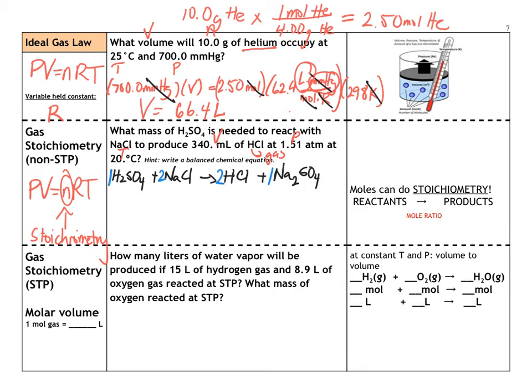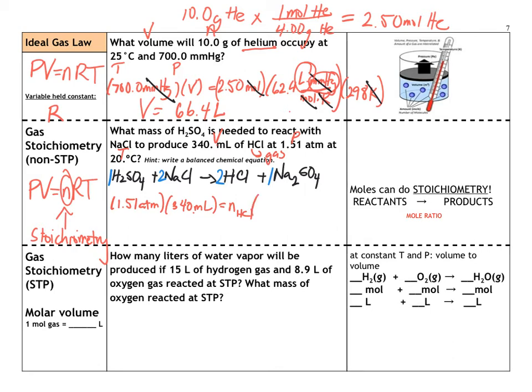So in solving for the moles using the ideal gas law, we're going to plug in P, we're going to plug in V, 340 milliliters, and we're going to plug in N, but we don't know N, and that's why we're going to try to solve for N of HCl.